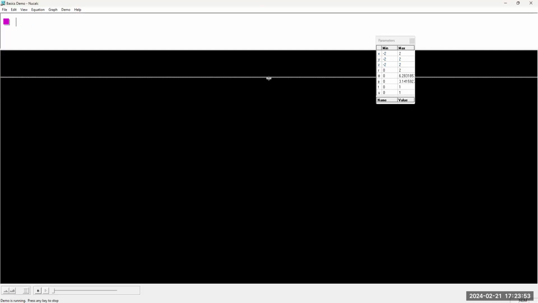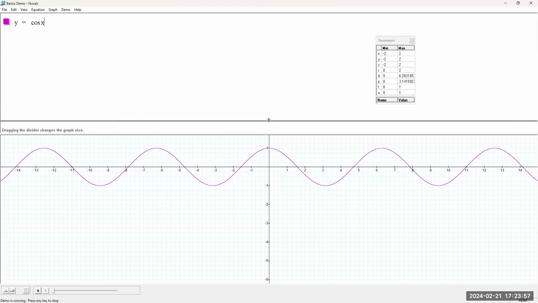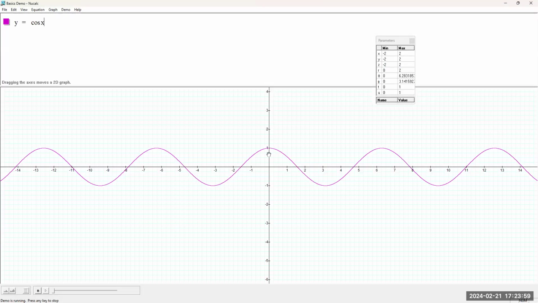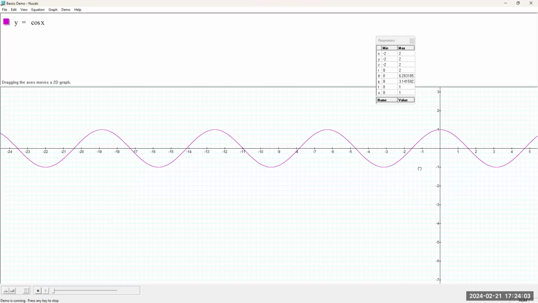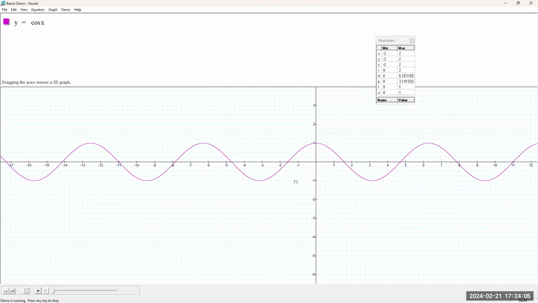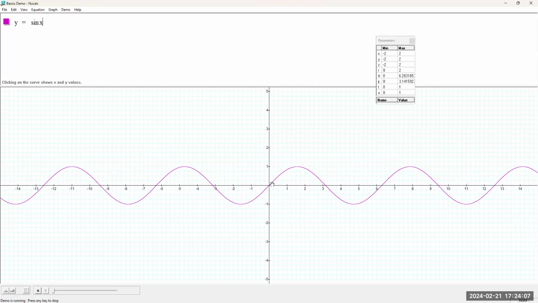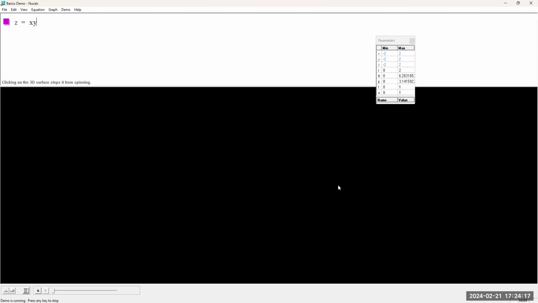Okay, let me show you the demo first then. This is the demo of how to use that software. Yeah, it runs too fast. I'm sorry.